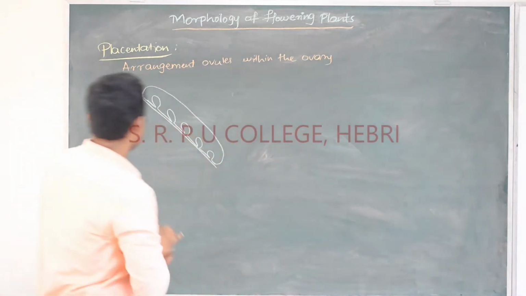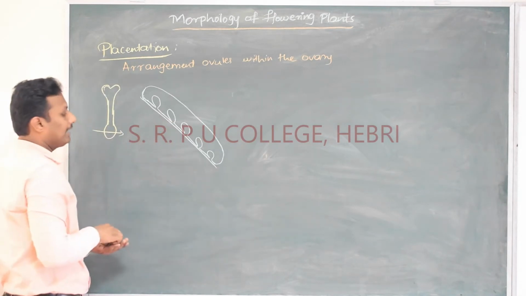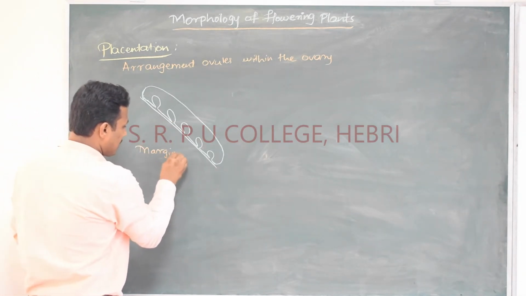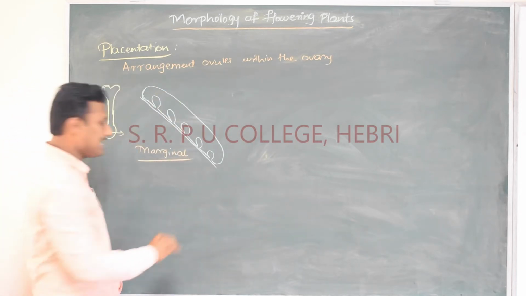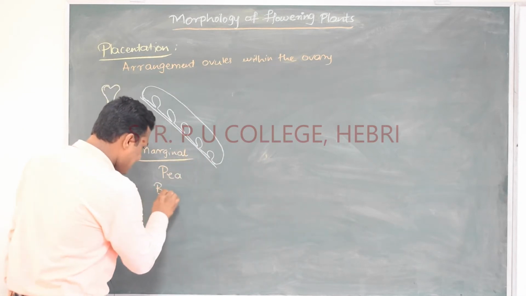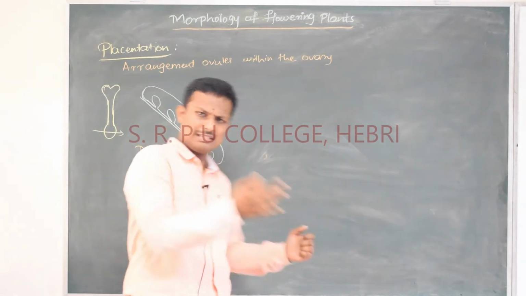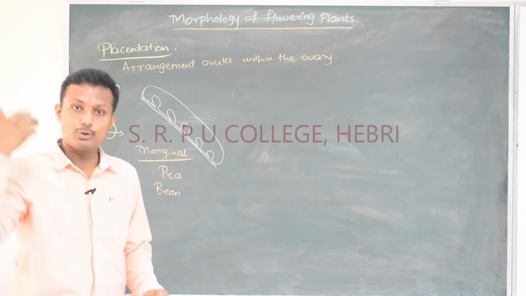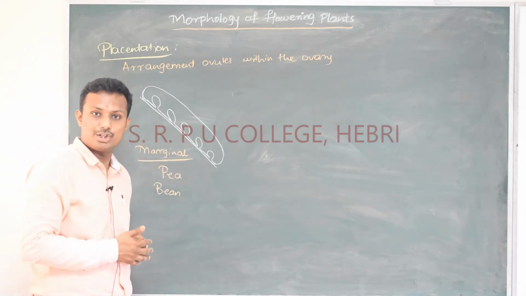In this case, these are the ovules and this is the ovary, and this kind of placentation is called marginal placentation. The example is pea, or you can give bean as an example. You have seen beans and peas, and in those this kind of placentation is found.